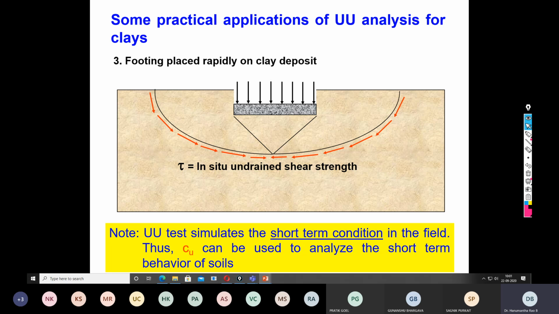Under this undrained condition, as the water is not able to bear the load for longer times, it exerts excess pore water pressure on the soil sample in the lateral direction.